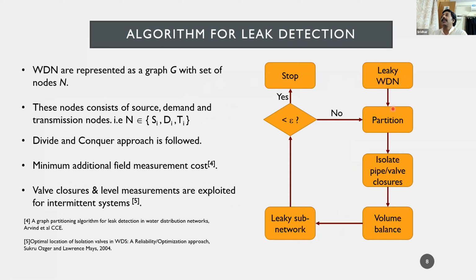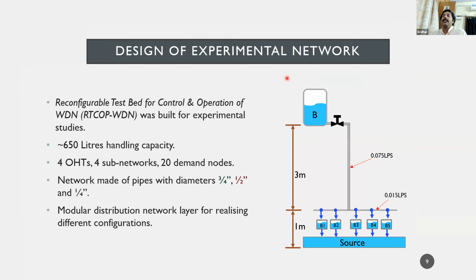You partition it into a smaller network, then you isolate using pipes or valve closures, do a repeated volume balance, and then impute the leak to one of the two partitions. As long as you're able to reduce the size of your network below a certain threshold, you keep repeating this until you have isolated the leak to a network of a small enough size that you can manually intervene and identify the root cause.